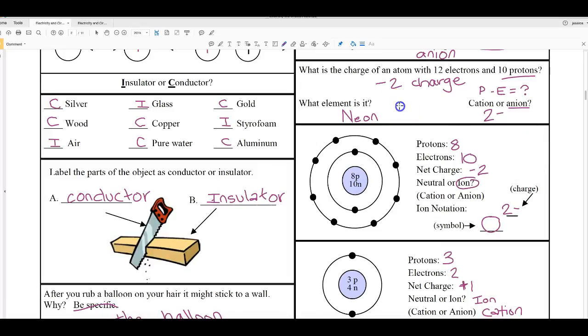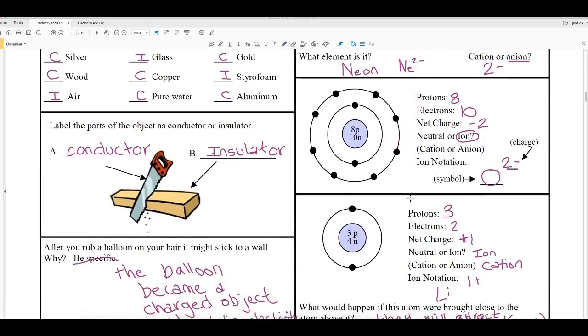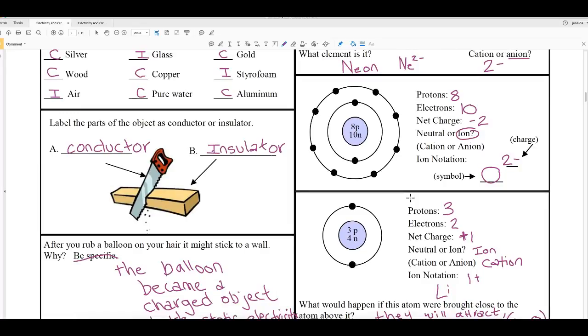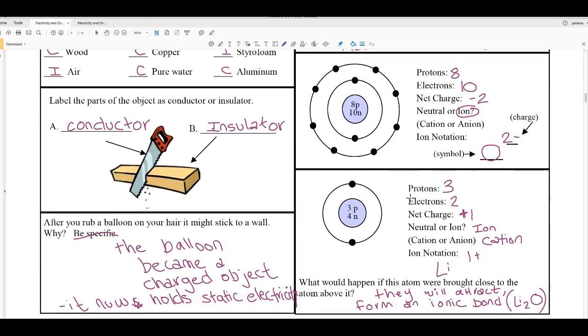So it would actually look like this: Ne with a 2 negative. That's what it would look like. And we're going to be doing some of this next unit where we look at the periodic table and the charges of each and why and how they form compounds together.